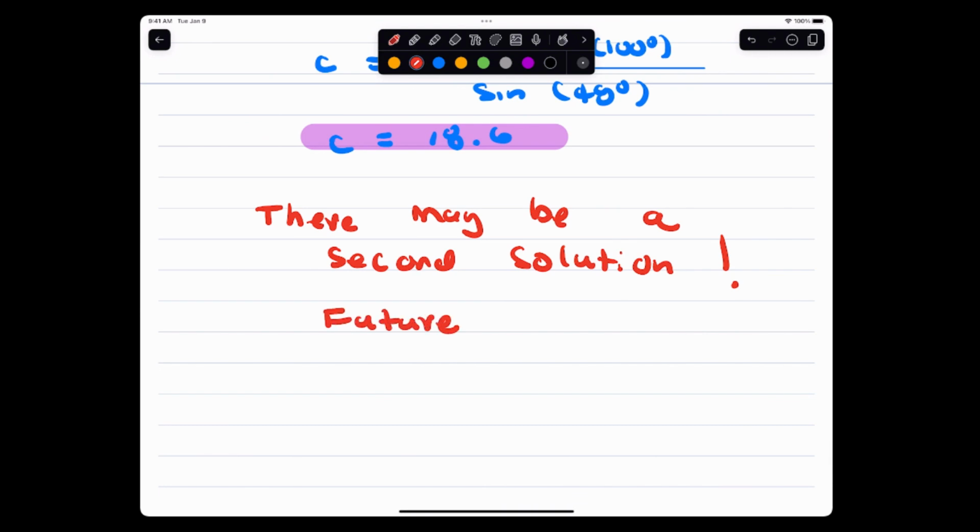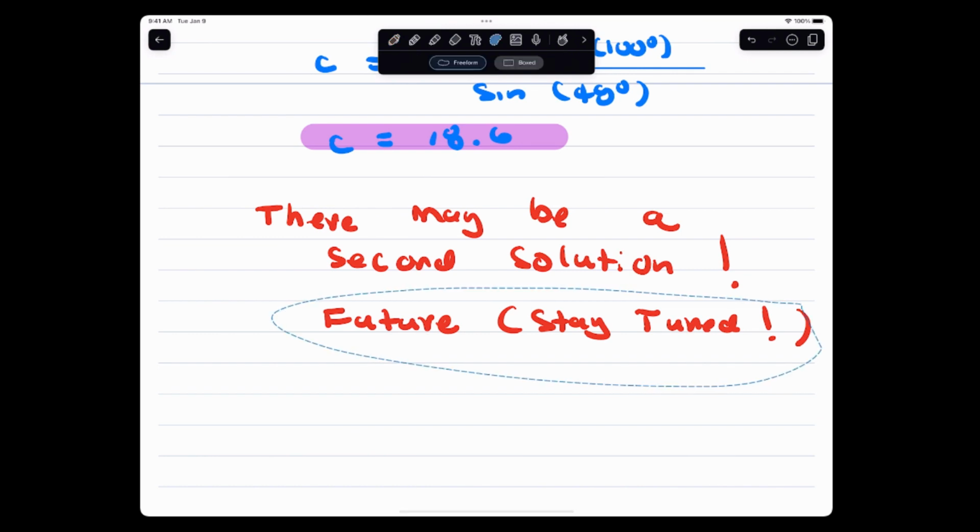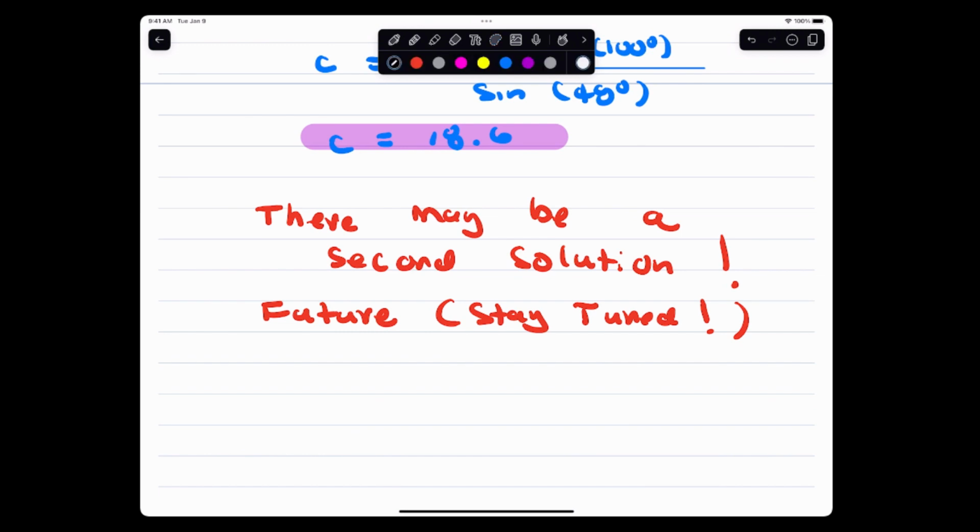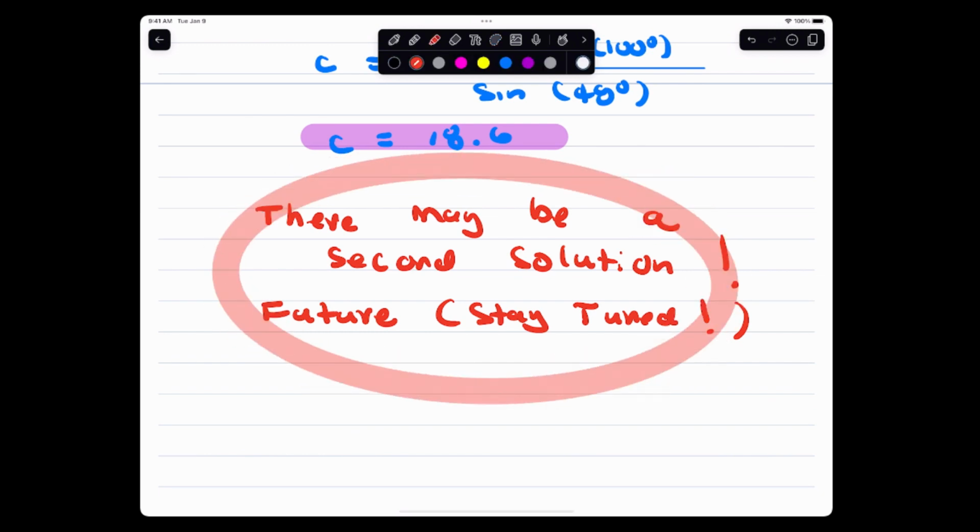There's more to the story. So stay tuned. You might say, why might there be a second solution? This is going to be a big deal for us in the future, because you may have two triangles here as opposed to one. So you do need more information about that. That's the truth, and we will study that because that's part of the course.